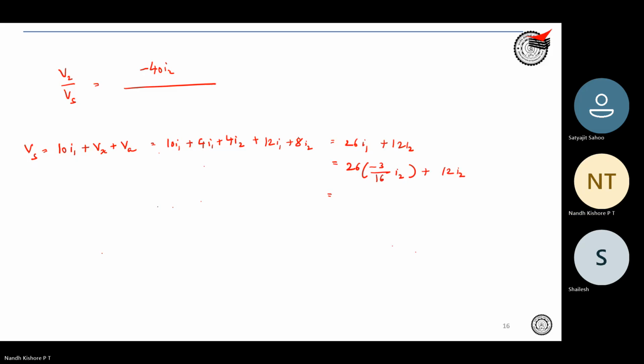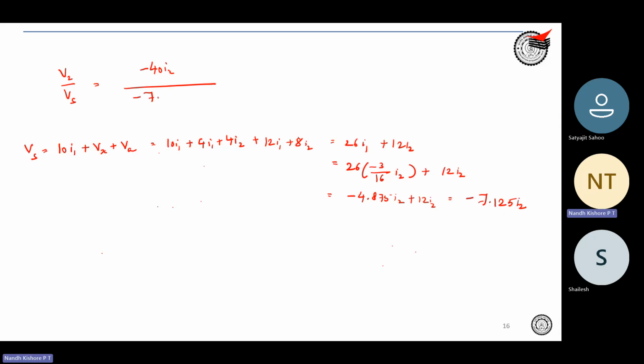Let's simplify this. You get 26 into 3 by 16, so we get minus 4.875 I2 plus 12 I2, which is going to be 7.125 I2.